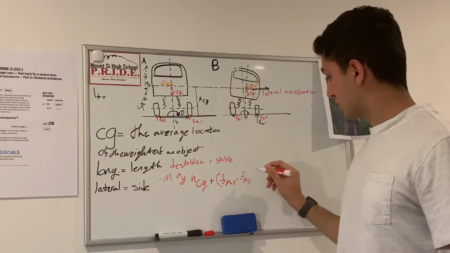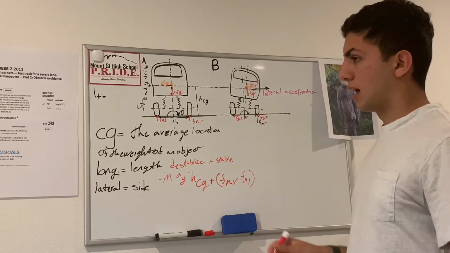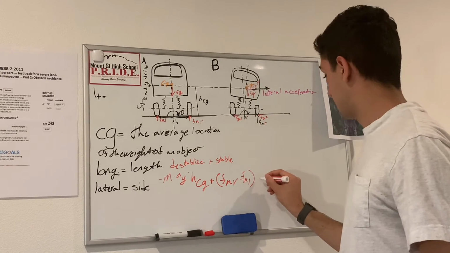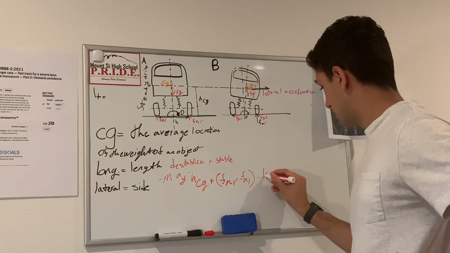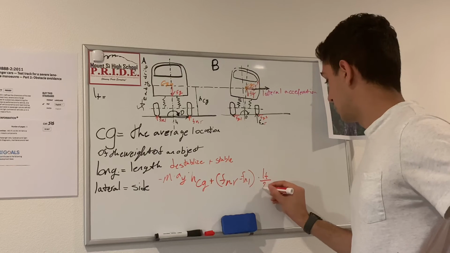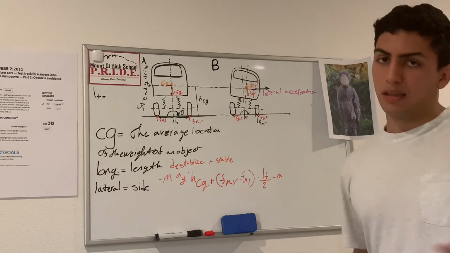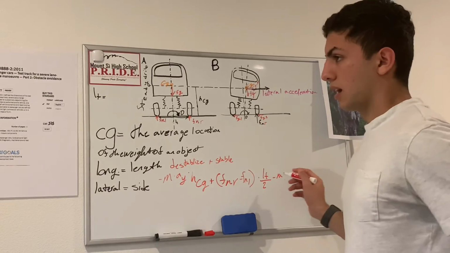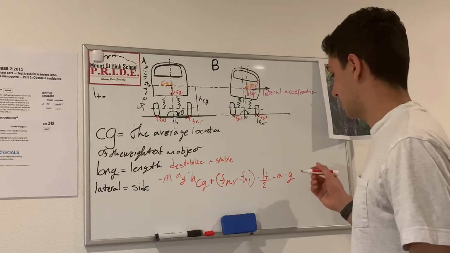F normal left, which is this one, and then times LT, transfer, over 2 minus M, because again, probably shouldn't have done it that way, times G, 9.8 in this case.